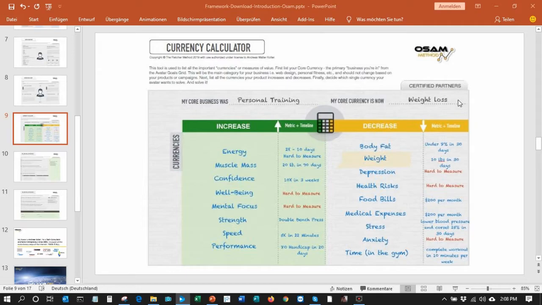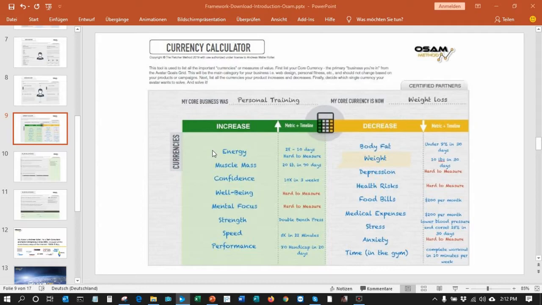What we understand by the core currency is the one hitting word or phrase that attracts your best prospect customer in the most effective way and is really measurable. For example, when we talk about weight loss, you can give a very clear promise that you will help him lose 10 kgs or whatever in a given time frame. That's what we are looking for.